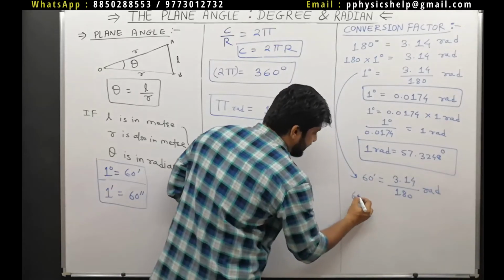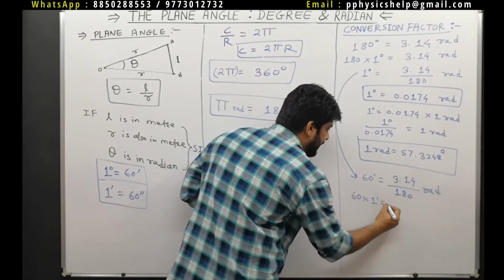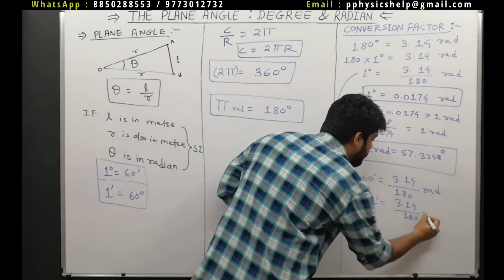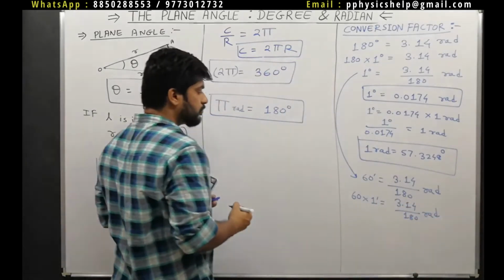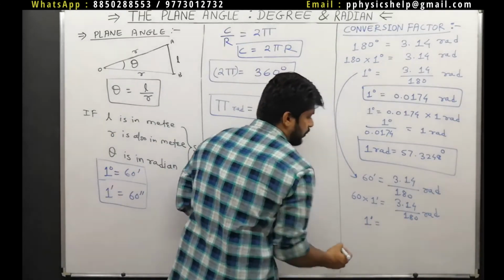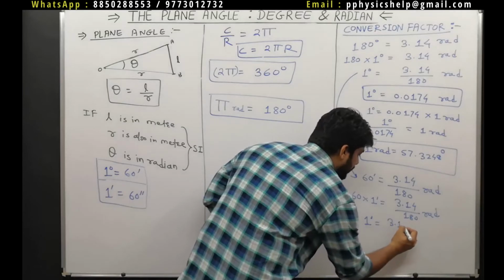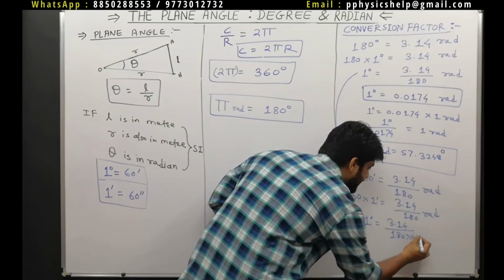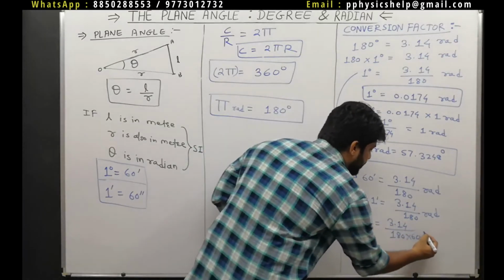Now I can write this as 60 times 1 minute is equal to 3.14 divided by 180 radian, right? I can also write this as 1 minute is equal to 3.14 divided by 180 times 60, in radians.